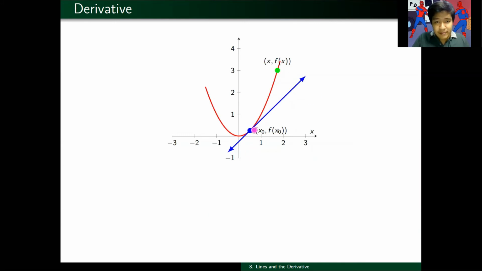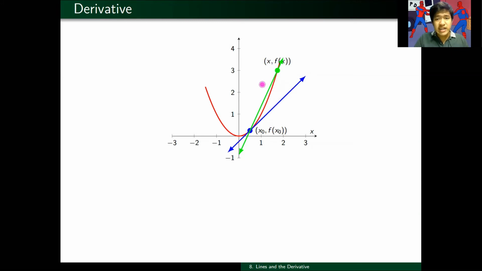Okay? So, mula sa point na to, papunta rito, pwede akong mag-drawing ng line. Yung point na to, x, f of x. Yung point na to, x0, f of x0.